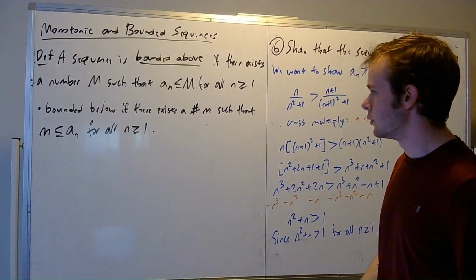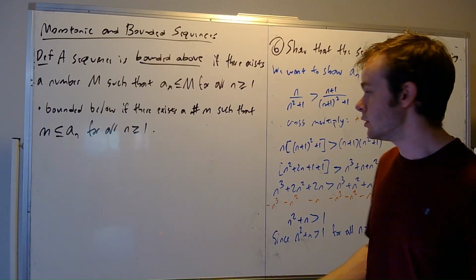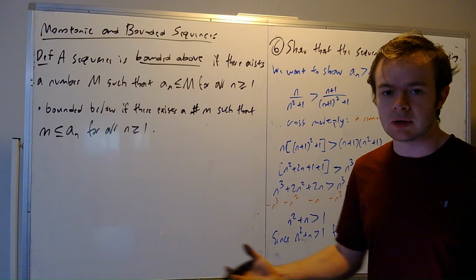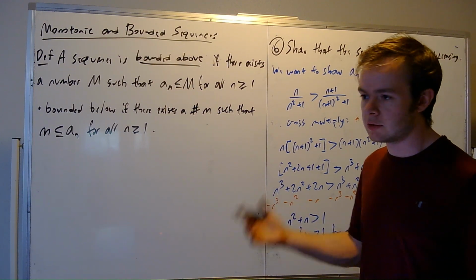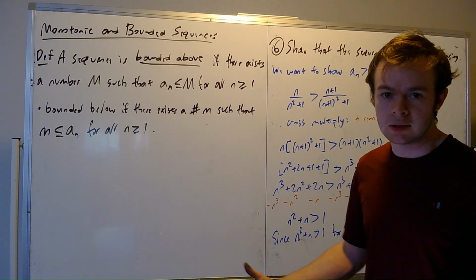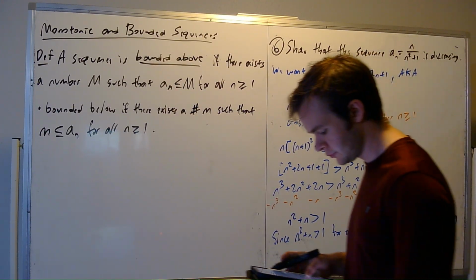Okay. So that's kind of also what you would expect. I'll say a sequence is bounded below by, let's say, 3, if every entry in the sequence is bigger than 3, right?